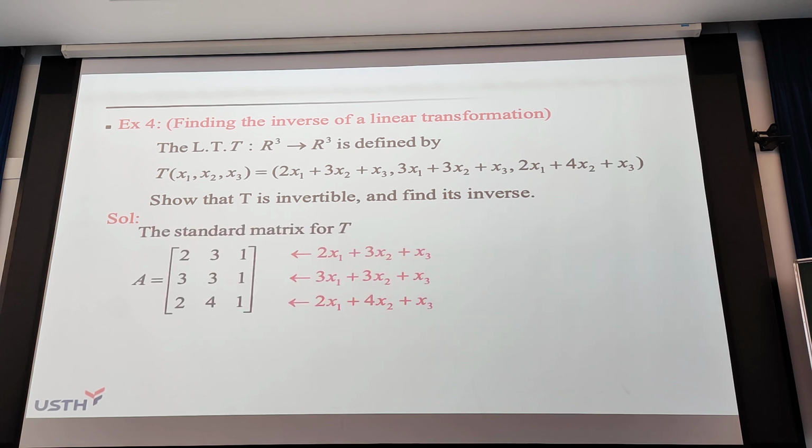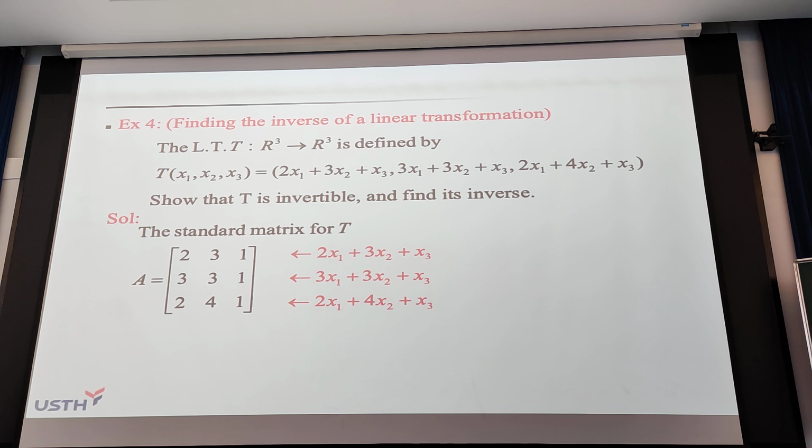We need to find the standard matrix for T. Once again, I use the formula for the first coordinate, second coordinate, and last coordinate to write the first row, second row, and last row of the matrix A. So we don't need to do any calculation. We can find the standard matrix here.